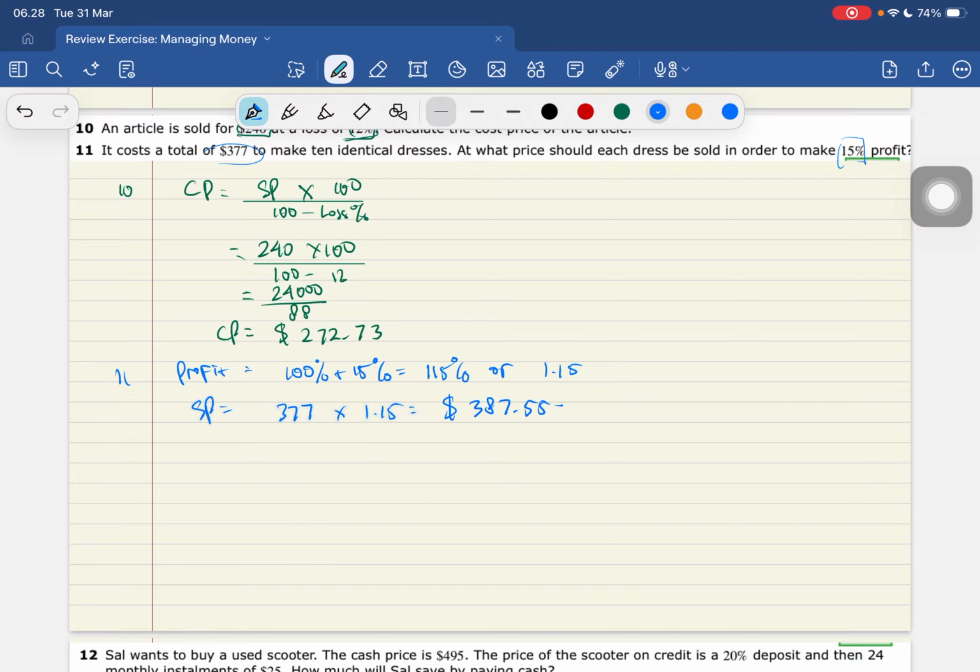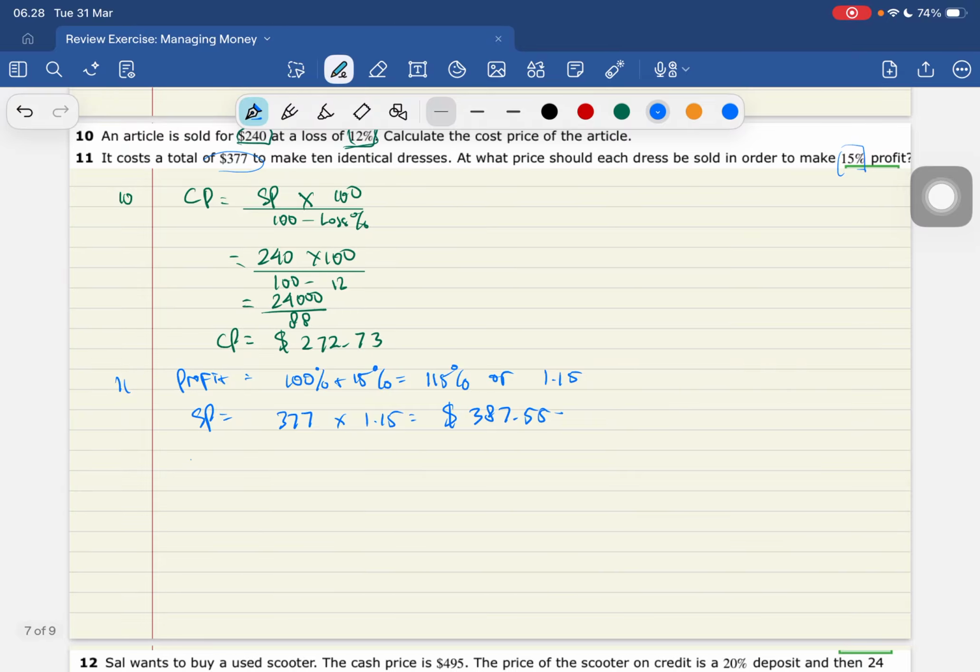This is the selling price for the total. For each of the 10, we divide by 10. So the price is 38.755, or rounded, $38.76.